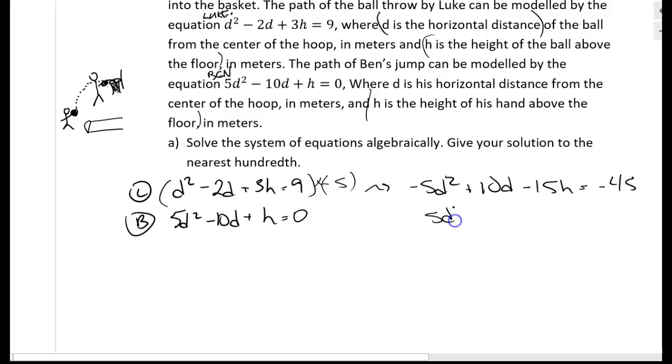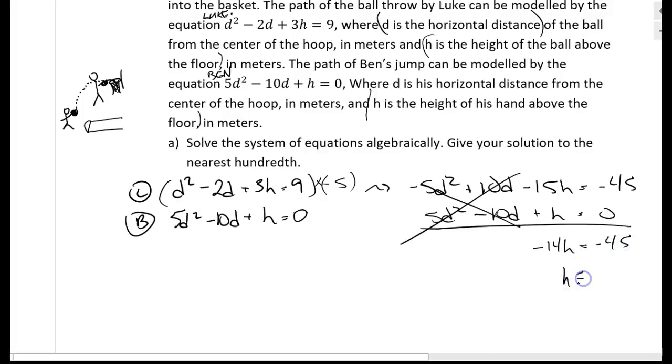And 5d squared stays the same, minus 10d plus h equals 0. So when I add these all together, all of this cancels, and it leaves me with -14h equals -45, or h equals just over 3.